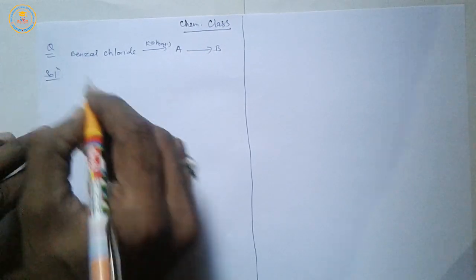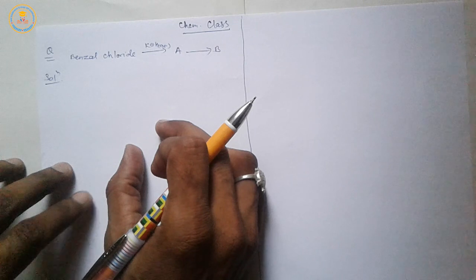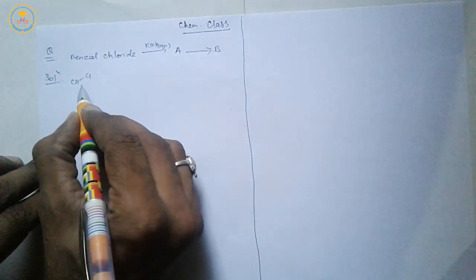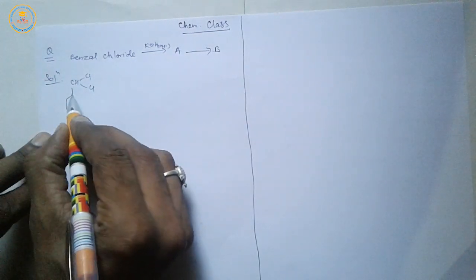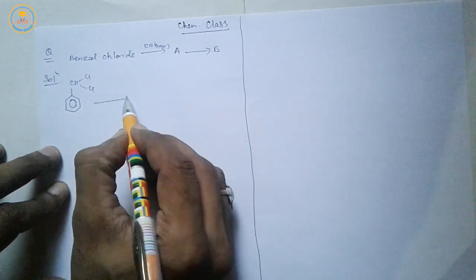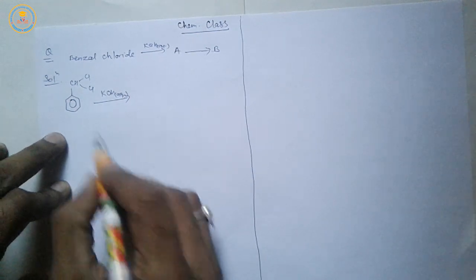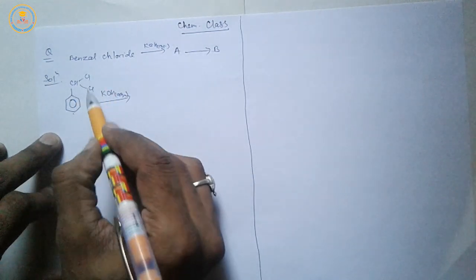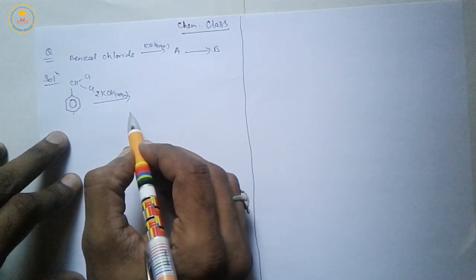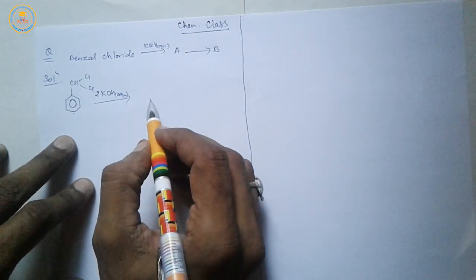So the solution is: it is a benzyl chloride molecule when treated with aqueous KOH. Here in the benzyl chloride molecule, two halogen atoms are present, so two molecules of aqueous KOH participate.